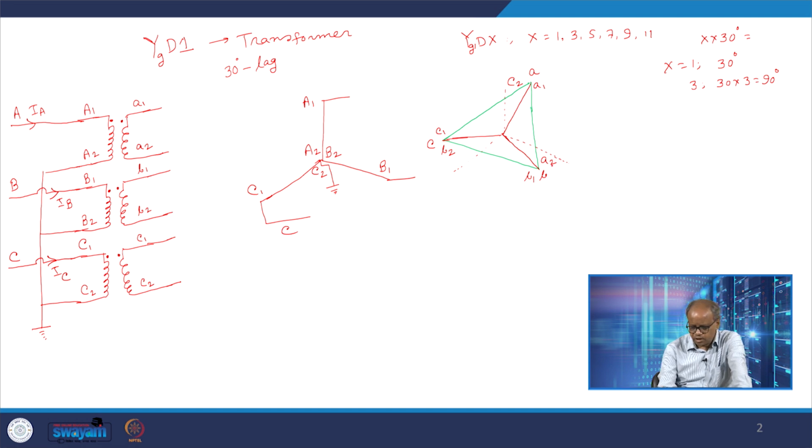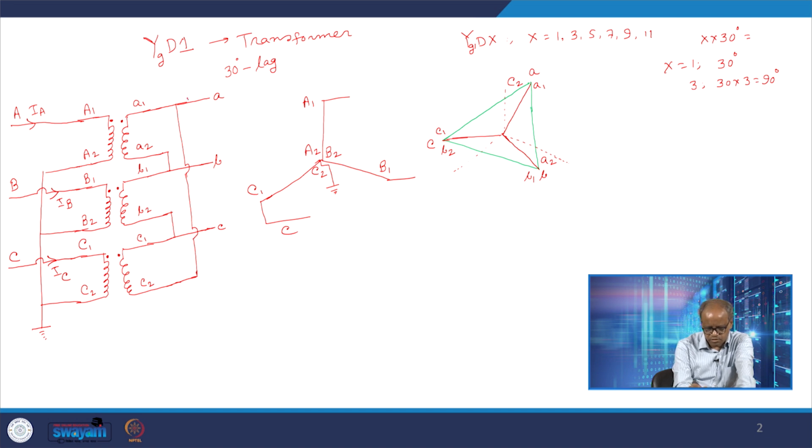It shows that if we connect A2 and B1, that terminal should be called phase B. And if I connect B2 and C1 together, that would be called phase C. And if I connect C2 and A1 together, that would be called phase A. So this is my connection.